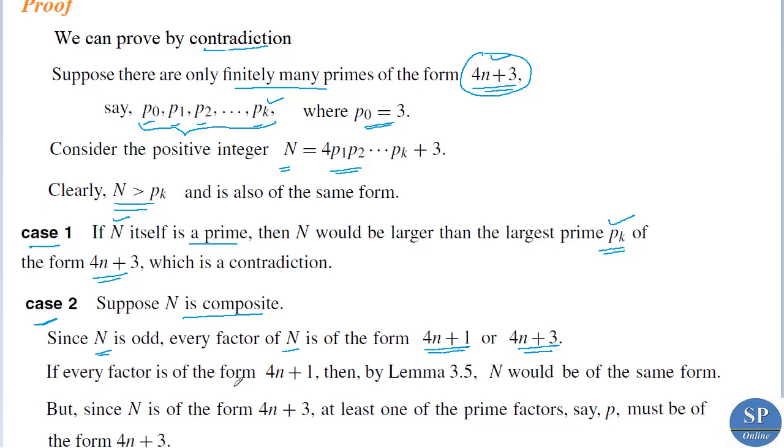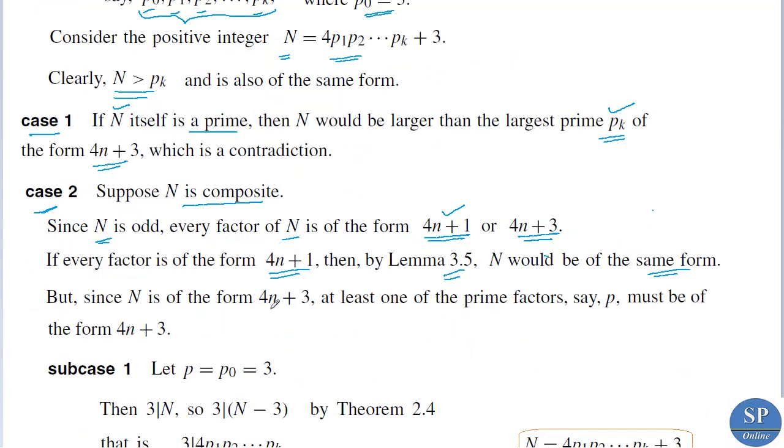If every factor of n is of the form 4n plus 1, then by the previous lemma, n would be of the same form, since the product of numbers of this form is in the same form. But we obtained that n is of the form 4n plus 3.